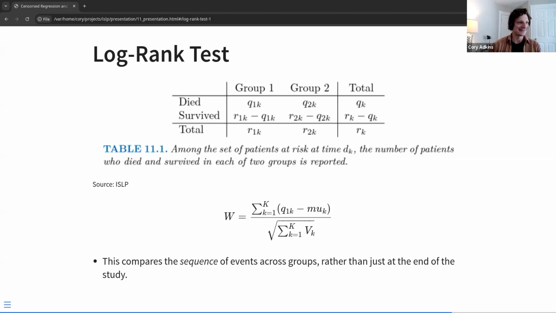I have to look back at the book. Let's see. Sorry, no. Then you're dividing just by the standard error of the Q1K, which is the number of survivors in each period.